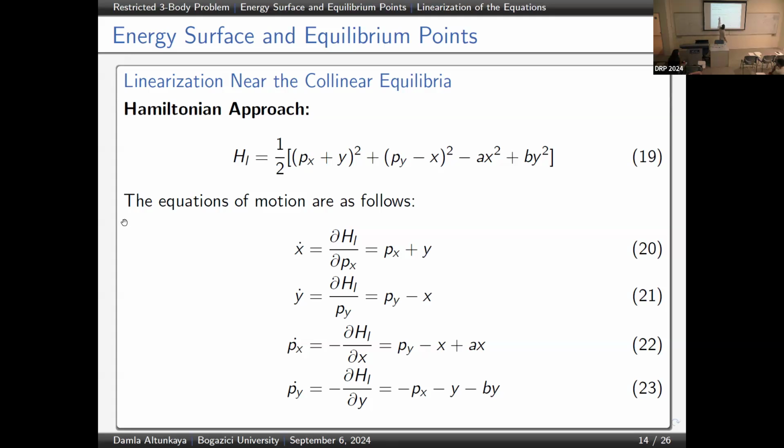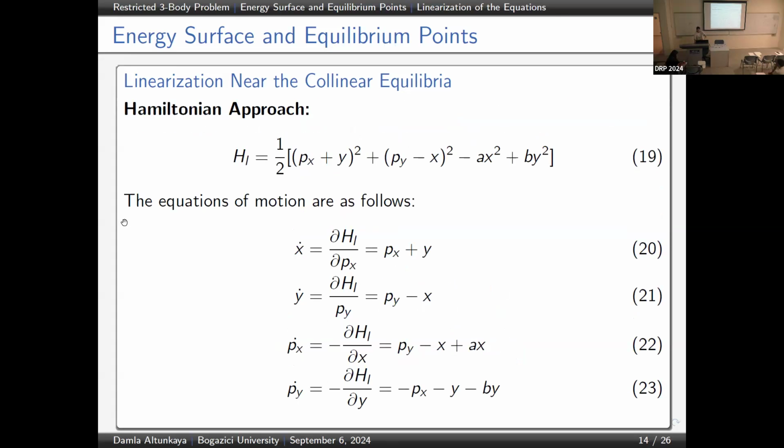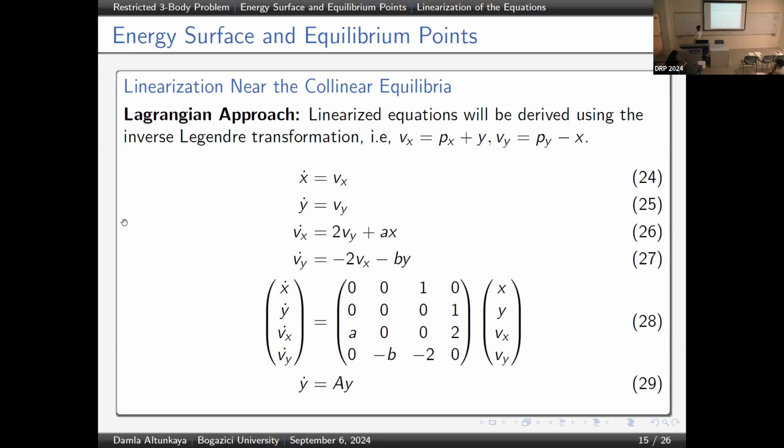I will define my Hamiltonian as in equation 19. And these are my equations of motion, defined as follows. To linearize the whole system, I will use the inverse Legendre transformation and use this definition. I plug this into some other equations, and then you will get those equations.